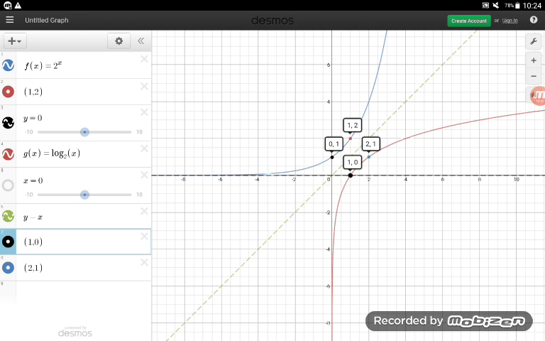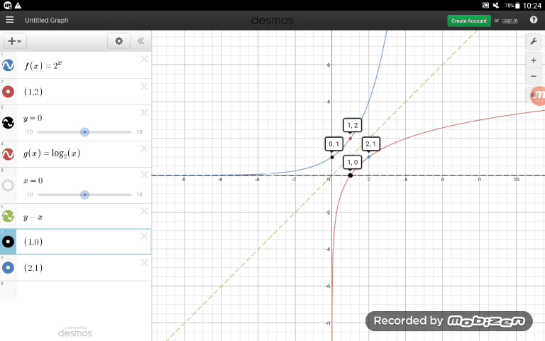Okay, that's the log x to the base of 2. And as we predicted, since they are inverse functions, the graphs will be reflections across the y equals x line. So as what we see right now, it does look like reflections of each other across y equals x.